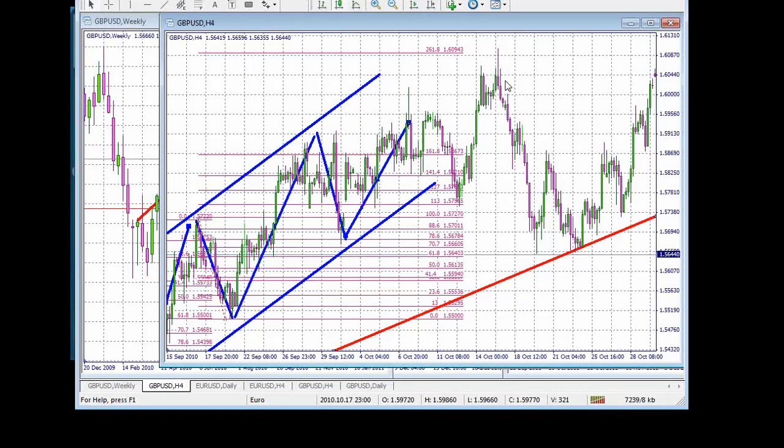And we have one ABC move. A, B, C. Here, the currency stopped at one very strong level that is actually the inferior line from the weekly channel.